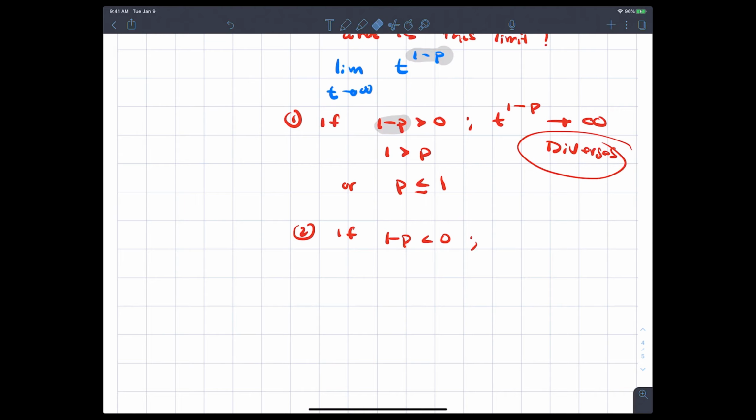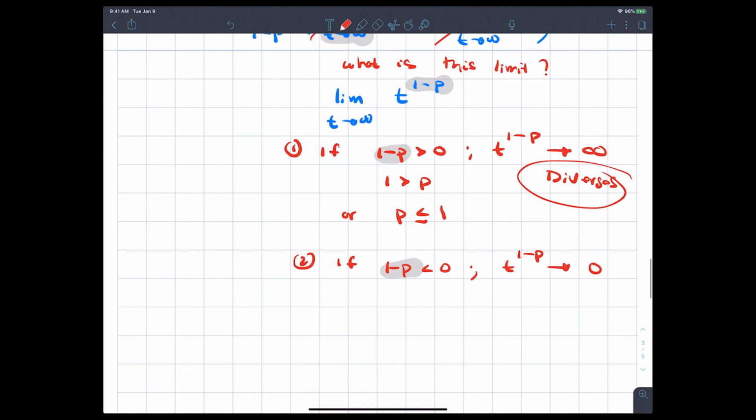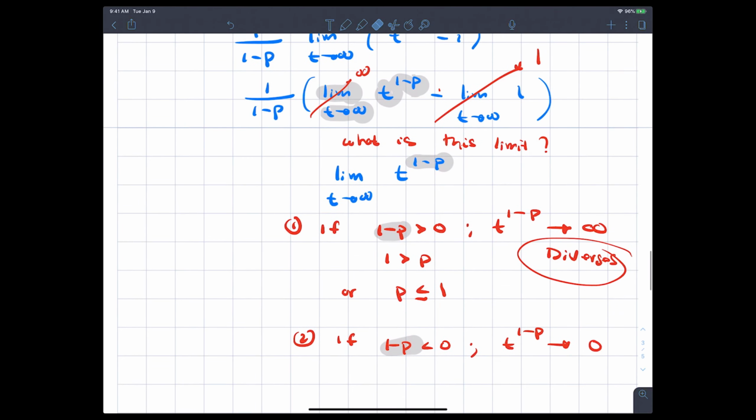If the power we're talking about here is negative, what happens to this t to the 1 minus p? Well, very simply, that goes to 0, because that's going to be in the denominator. So if my power here now, 1 minus p, is negative, less than 0, this portion now doesn't go to infinity. This portion now goes to 0.